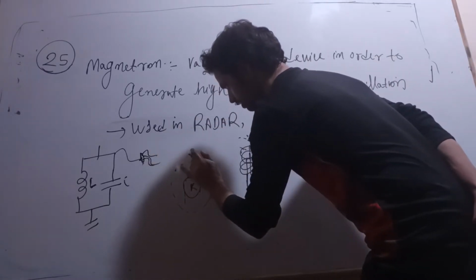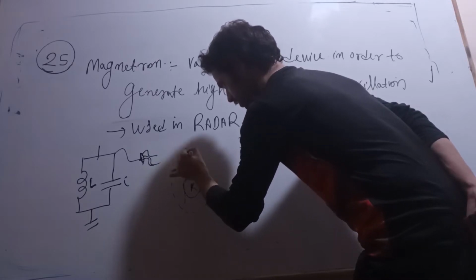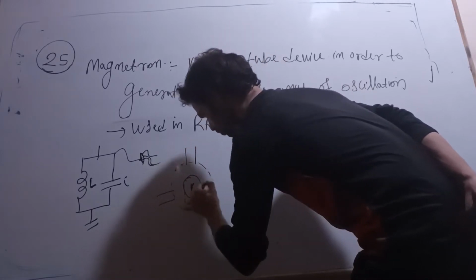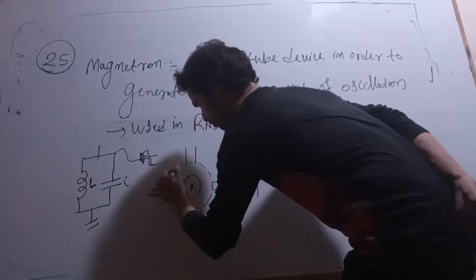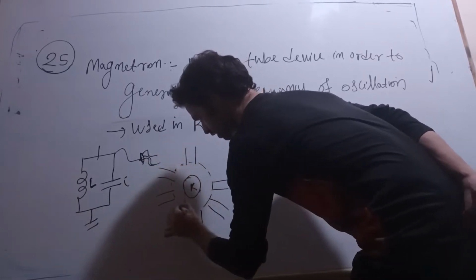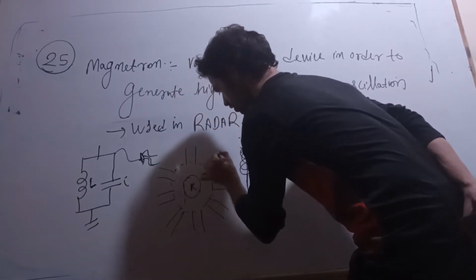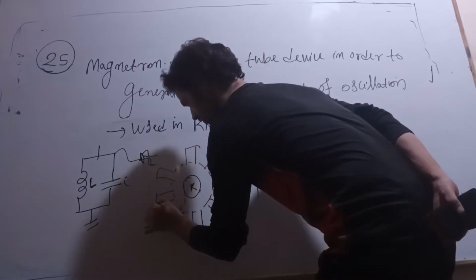Let us say here there are 8 cavities: 1, 2, 3, 4, 5, 6, 7, 8. So these are the cavities.